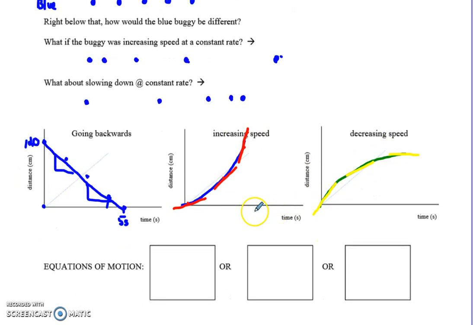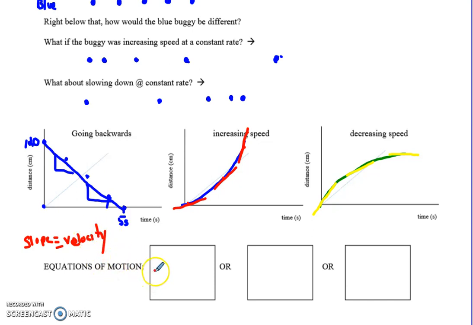So what are the equations for these graphs? Well, what we said, and we can kind of help with the units here, is that the slope of this graph represents, it's actually the definition of velocity or speed.